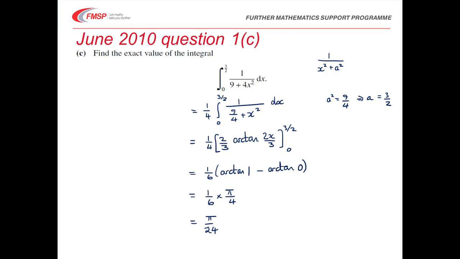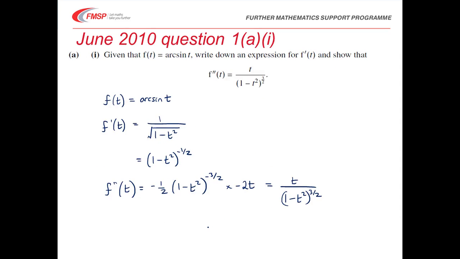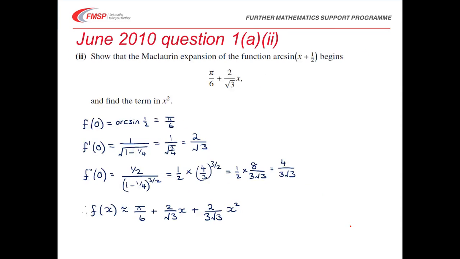Okay, let's have a look at the mark scheme for this question. So going back to part A, there's 1 mark for differentiating arcsine using the formula book in any form, as long as it's correct. There's a method mark for using the chain rule, and an accuracy mark for getting the correct answer, noting that the correct answer is given, so the working does need to be convincing.